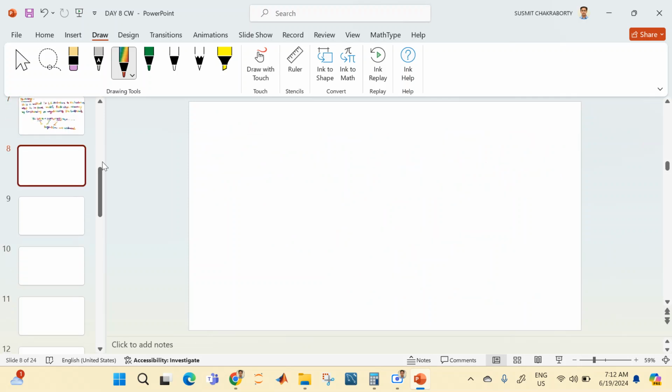The first one is Ridge regression, and the second one is Lasso regression.